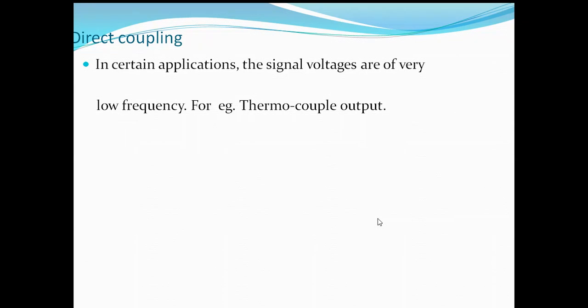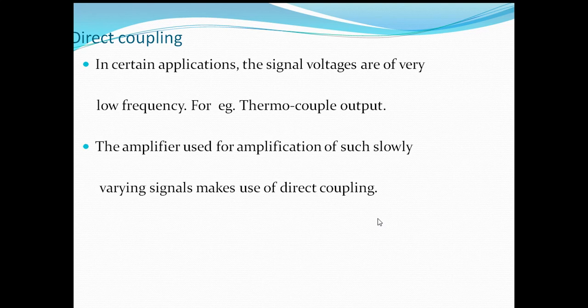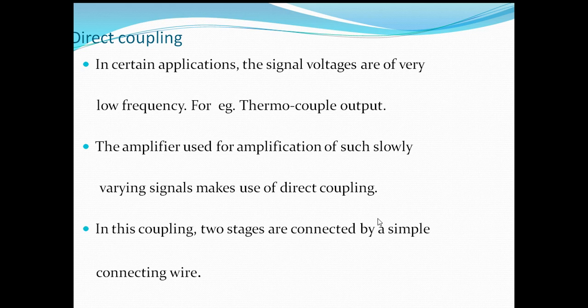Next is direct coupling. In certain applications, the signal voltages are of very low frequency, for example, thermocouple output. In these cases, direct coupling is used. The amplifier used for amplification of such slowly varying signals makes use of direct coupling. In this coupling, two stages are connected by simple connecting wires.